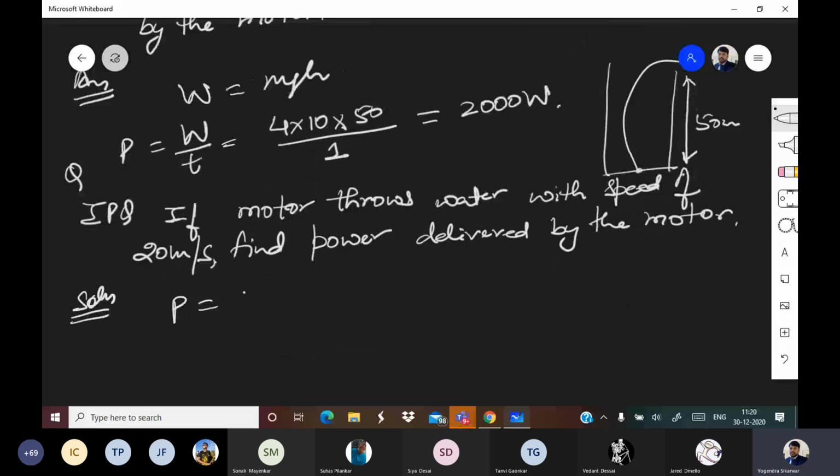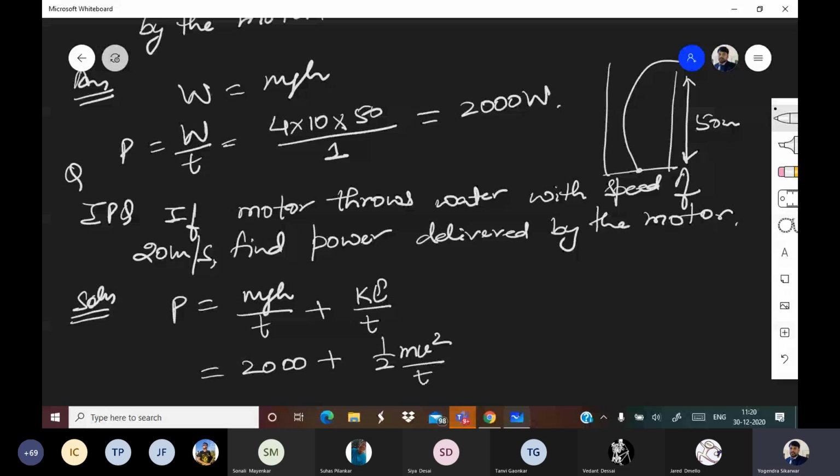P will be mgh upon T plus ke upon T. So that was already 2000. Ke is half mv square upon T, which is 1 second. And that comes out to be 2800 watt. I'm not doing the calculation because you all can easily do it.